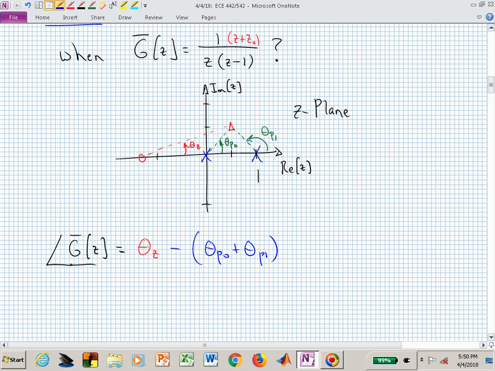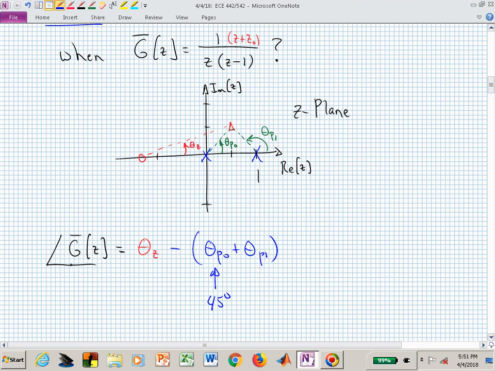I go up a half and I go over a half. So that's the inverse tangent of 1/2 over 1/2. It's 45 degrees, and you can visually see that if it's drawn accurately. So this angle right here is 45 degrees. The other angle, theta p1, I like to work with acute angles.